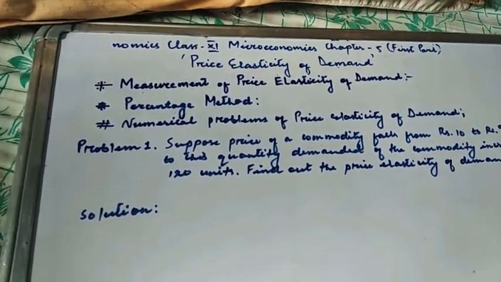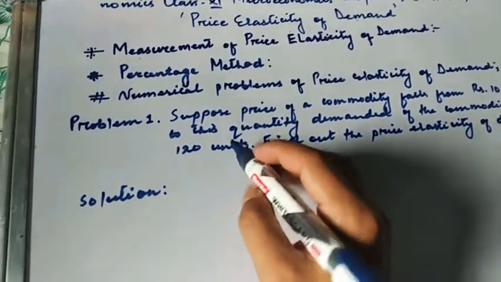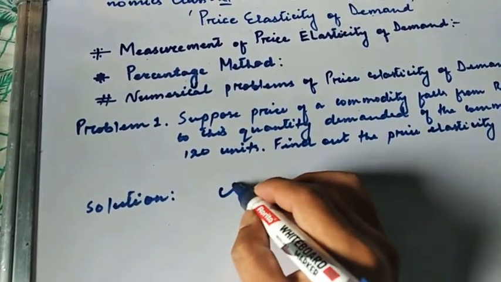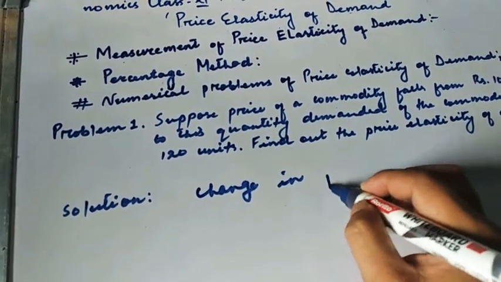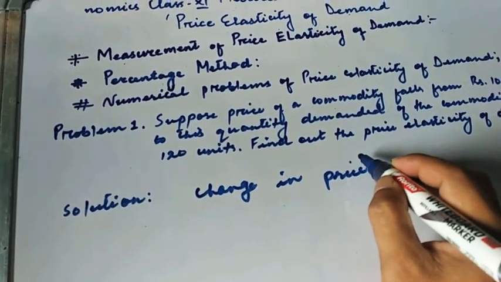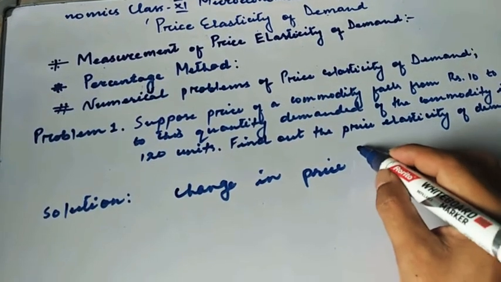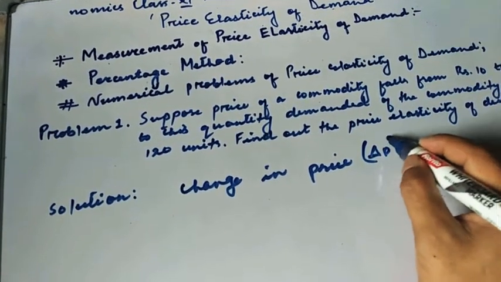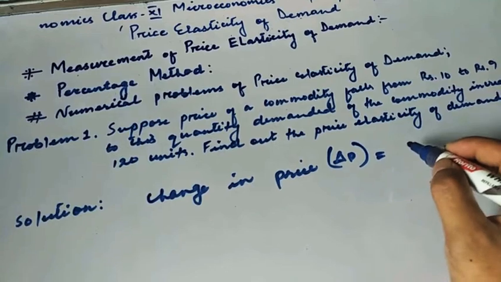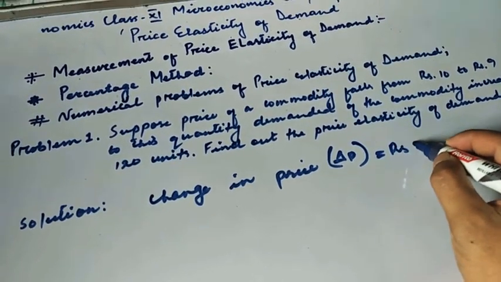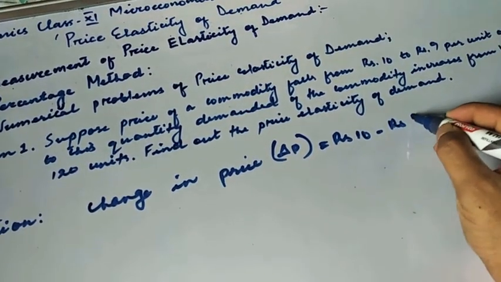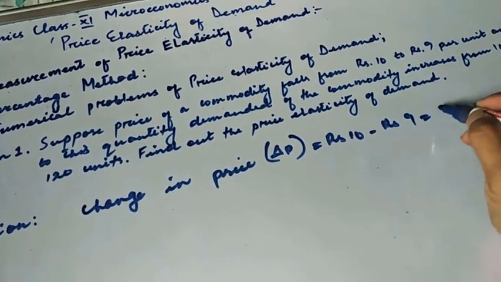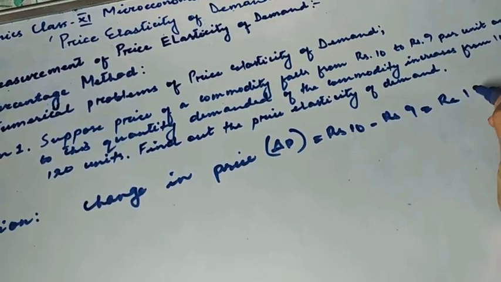Solution: change in price. Change in price is given by rupees 10 minus rupees 9, so it will be rupee 1.